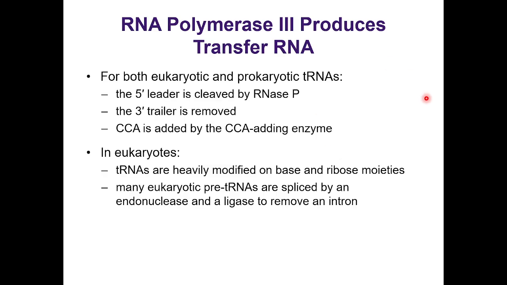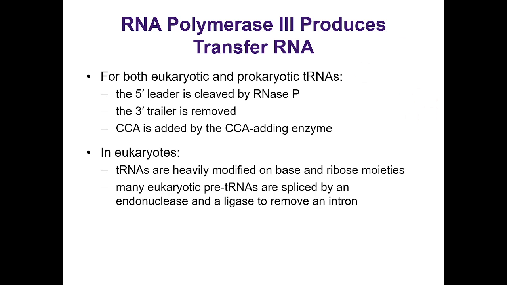So for both the eukaryotic and prokaryotic tRNAs, which ones are the tRNAs? Transfer, yeah. They're the tags, right? They're going to tag the amino acids, so they're in a readable form for the RNA code. Okay?